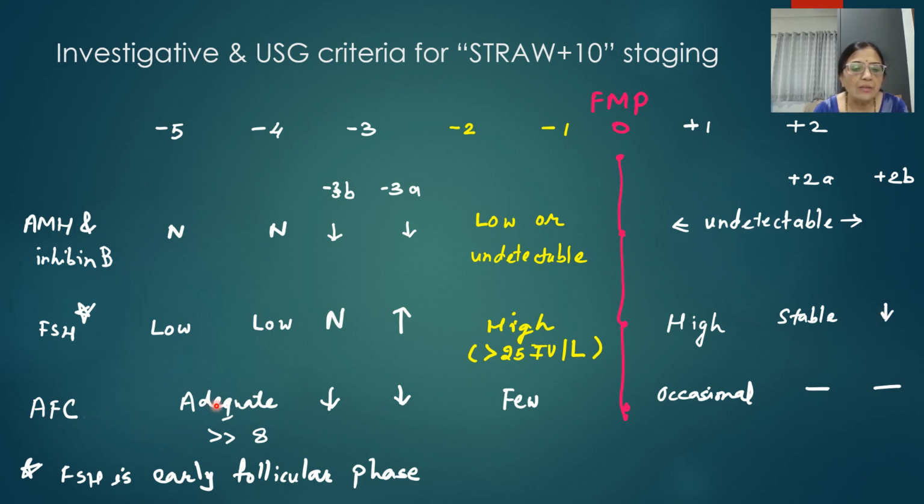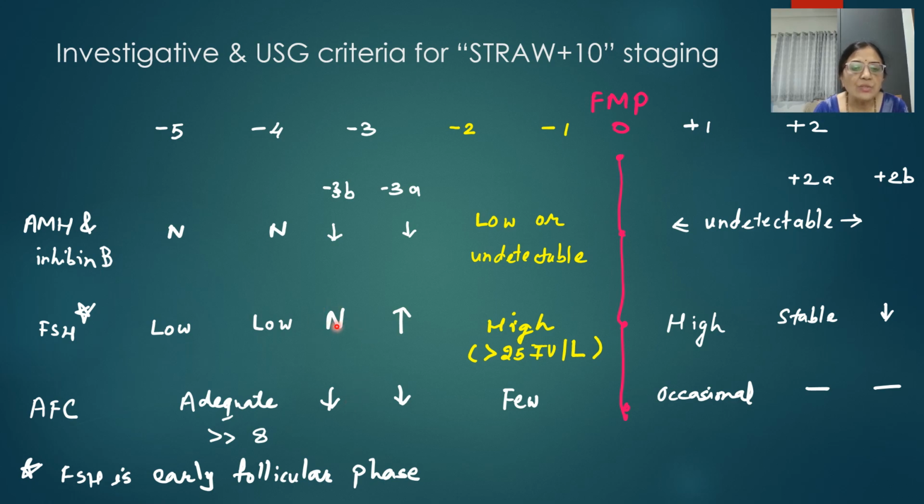These are adequate in the early and peak reproductive phase, where the count is much greater than 8, whereas in -3, the late reproductive phase, the antral follicular count starts showing a decline. So along with declining AMH and inhibin B, the antral follicular count also starts reducing in this phase.